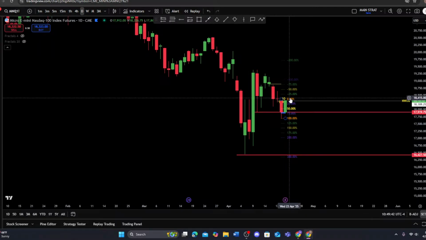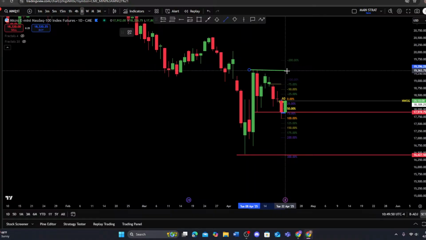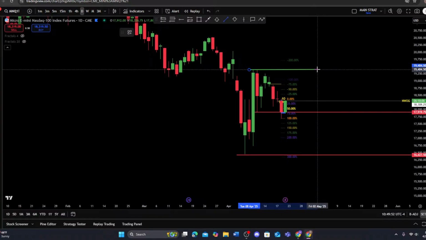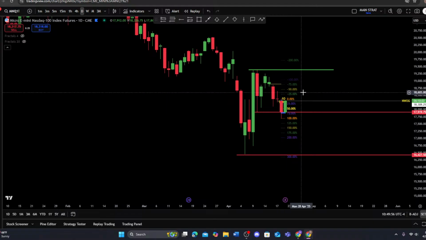Now we are rejecting higher, and we might break. If we break yesterday's high with a good firm break, I think we could go up to this buy side towards Wednesday, Thursday, Friday. I think we could be bullish for the rest of the time.